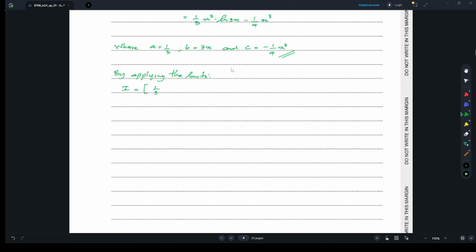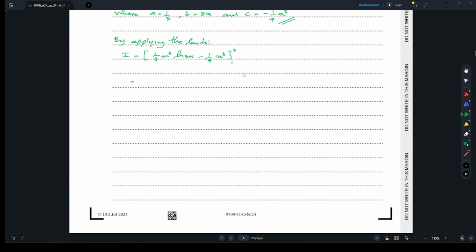So 1 over 3 x cube ln 3x minus 1 over 9 x cube, and the limits are from 1 to 3. Now you can substitute.